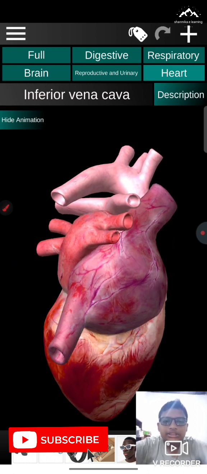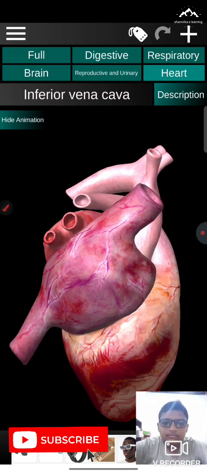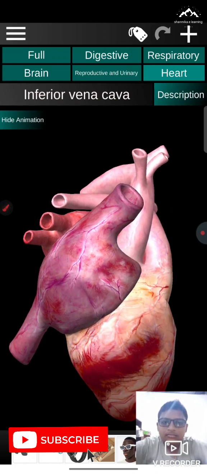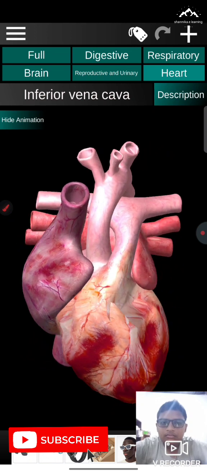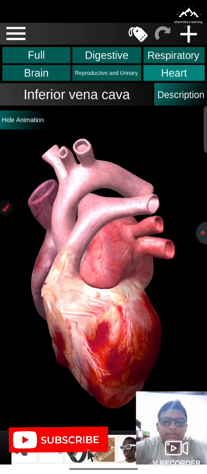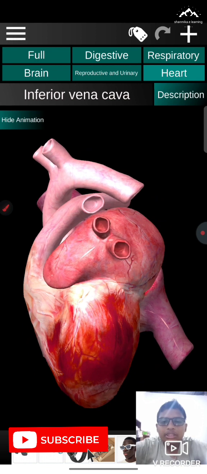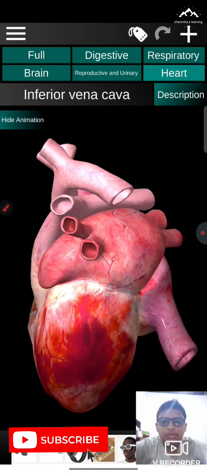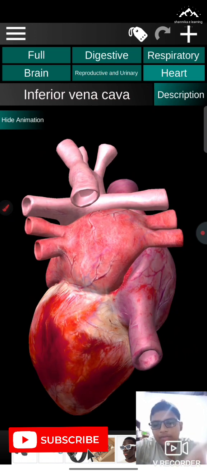You can see. That's how our heart pumps. So blood goes through all the organs, and deoxygenated blood comes to our heart, and it again goes to the lungs, and oxygenated blood comes back.